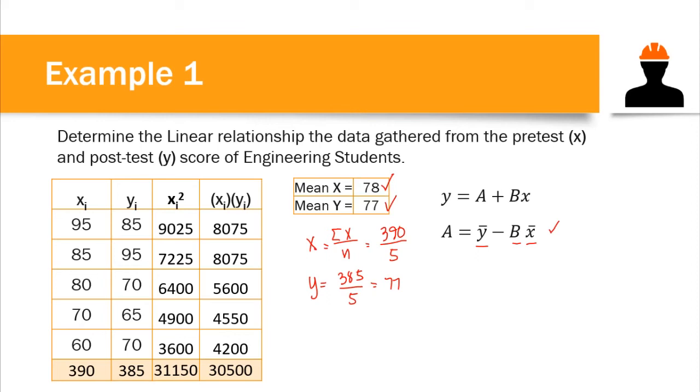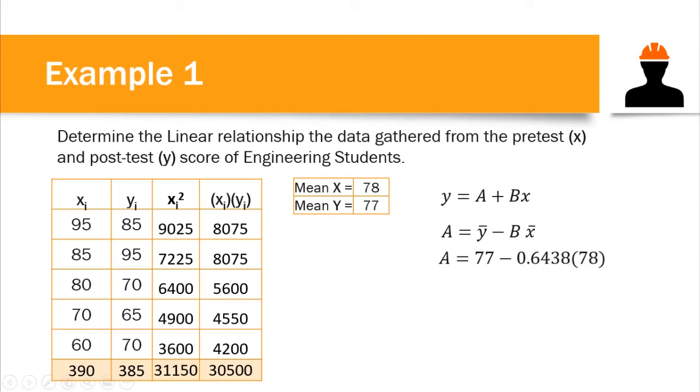So from there, we have 77 minus 0.6438 times 78, then we get the a, which is 26.7836. So we have now the equation that explains the relationship between the post-test and the pre-test. So we have y is equal to 26.7836 plus 0.6438x.